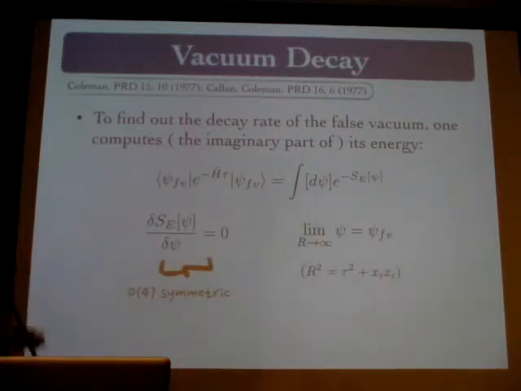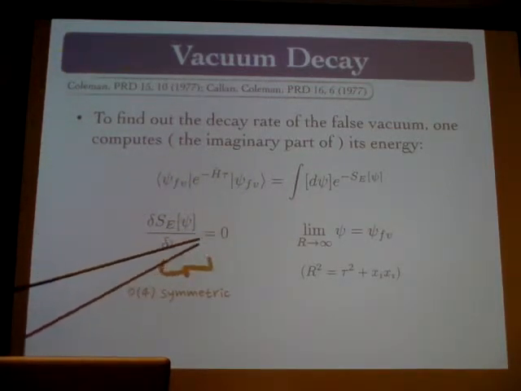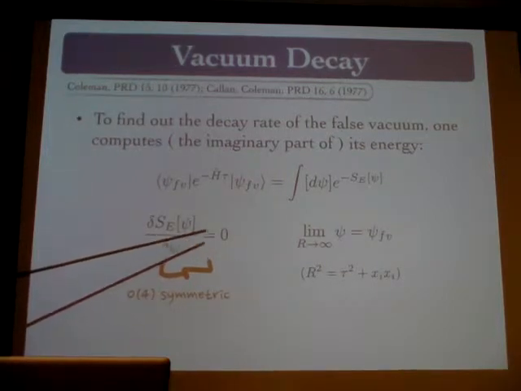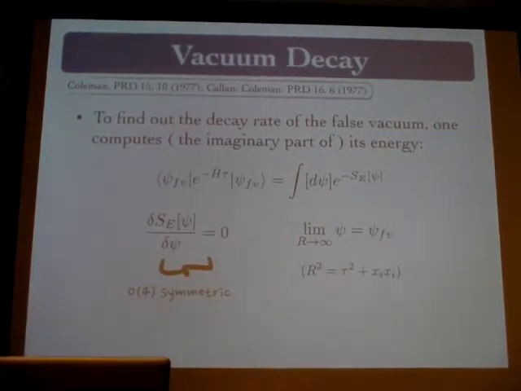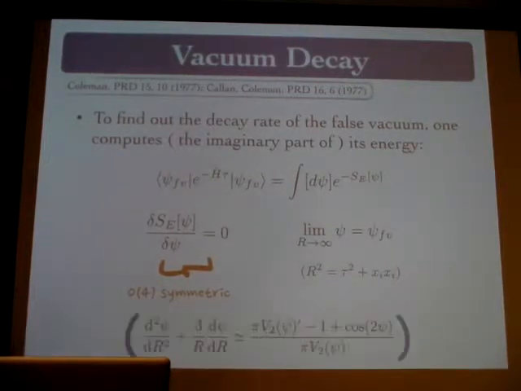However, if you have a more interesting potential, perhaps with two minima, that's no longer true, and in particular, you'll be able to find another solution that is non-trivial, and that's what people normally call the bounce solution. In our case, this equation, which is typically known as the bounce equation, looks like this.